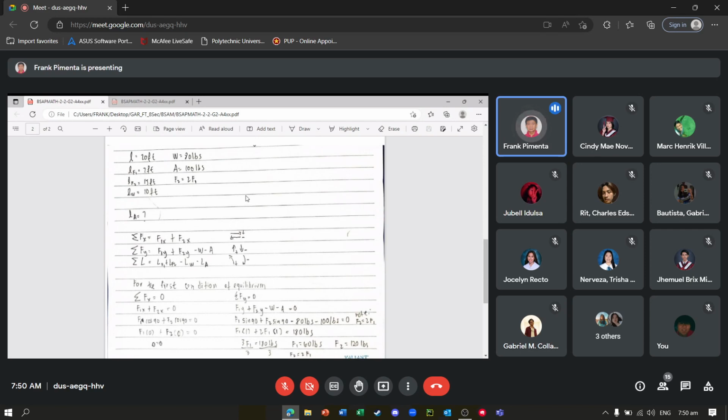What are the general formulas? So the formula that will be used here is, for the first condition, algebraic sum of F equals 0, and letter B, algebraic sum of L equals 0. That must be the arrangement. So starting with the first condition, ano itong mga ito?